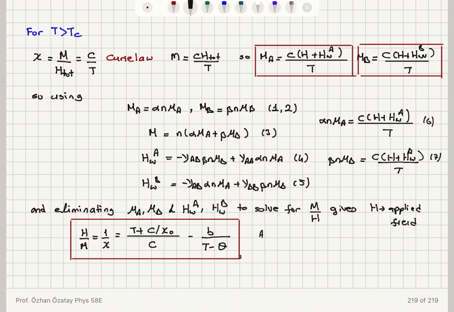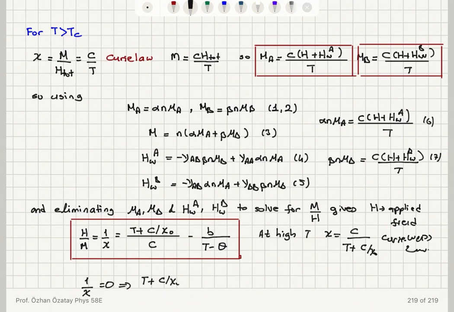And at high temperatures, you can see that the behavior is 1 over chi equals T over C plus 1 over chi 0, which is the Curie-Weiss law. On the other hand, if you look at when chi is infinite, or 1 over chi is equal to 0, that's the phase transition point.